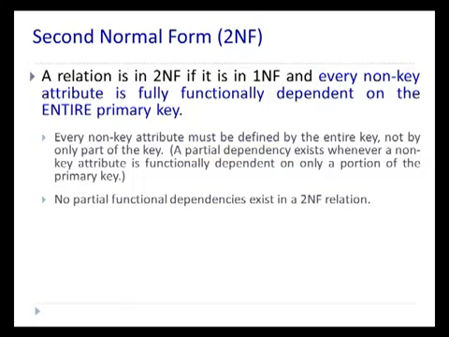That is a primary key that is composed of more than one column or more than one attribute. If your primary key has only one attribute, then you are in second normal form. When you have a partial functional dependency, you have a non-key attribute that is dependent on part of the primary key, not the entire primary key.